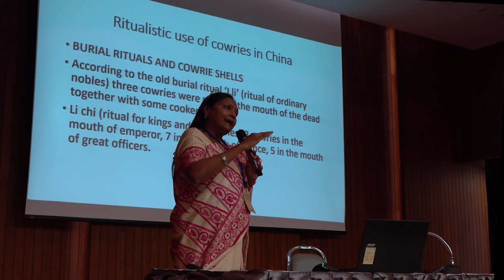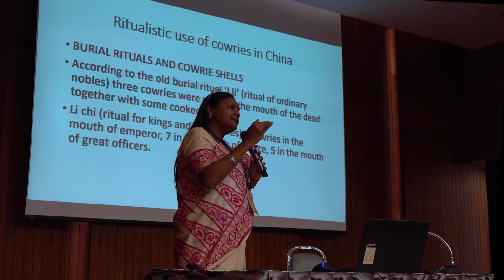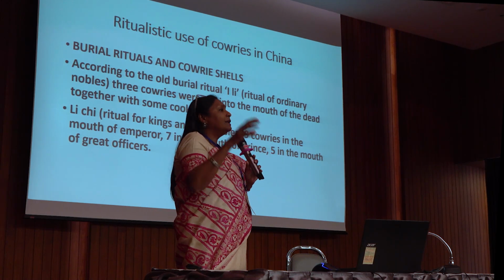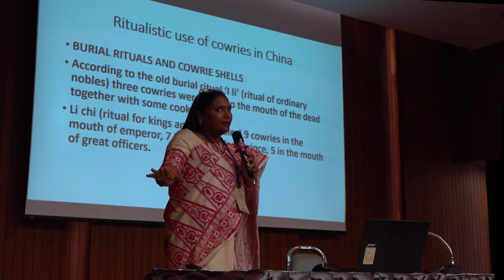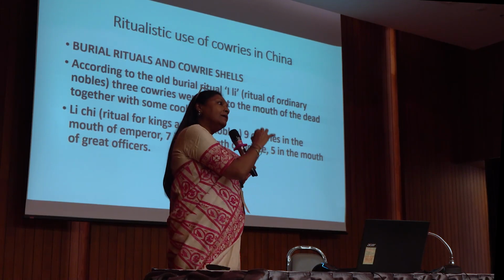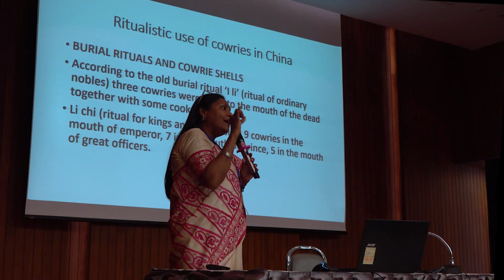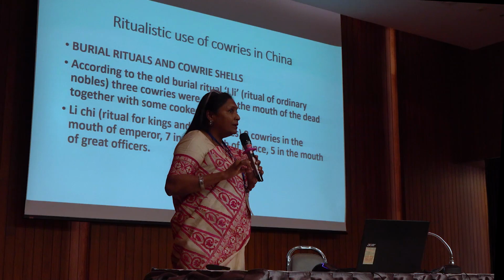So when a king dies, they will put 9 cowrie shells inside his mouth. When a prince dies, they will put 7 cowrie shells. When a merchant dies, they'll put 5. So there is a hierarchy, you know. When a commoner dies, they'll only put 1 cowrie shell inside their mouth. So from here begins the first ever use of cowrie shells in the death ritual.